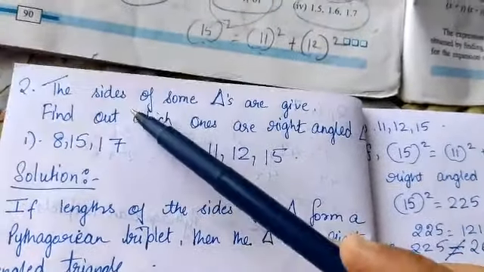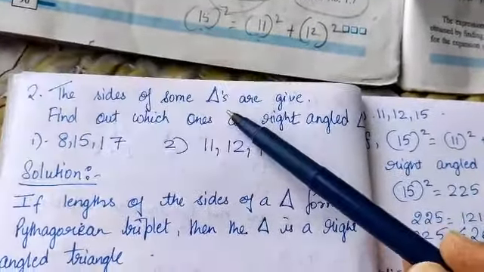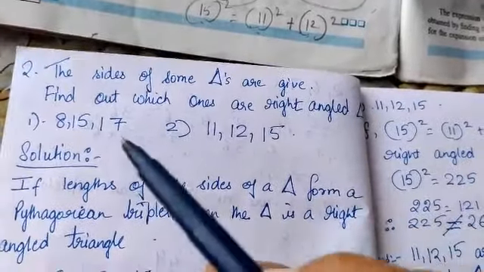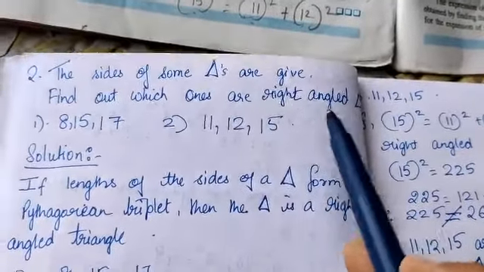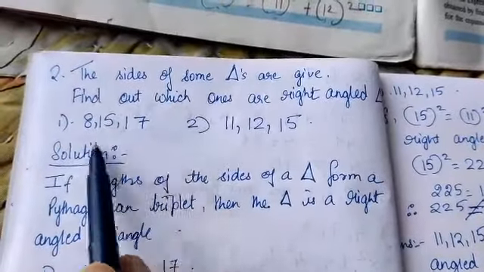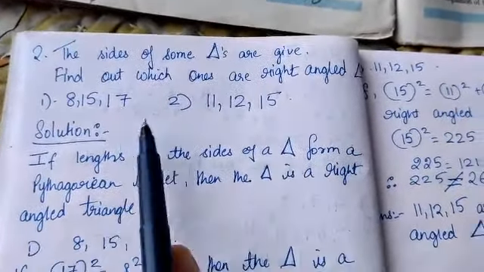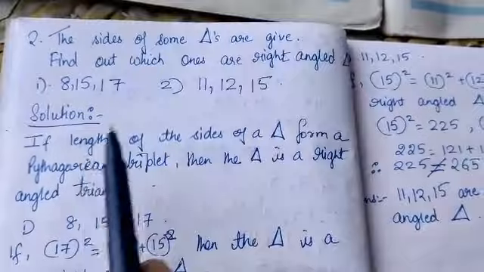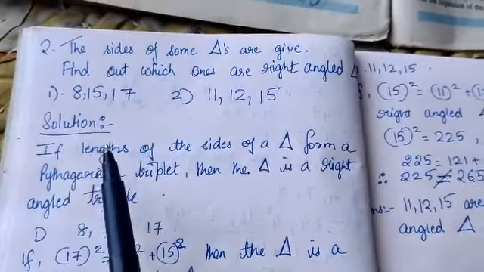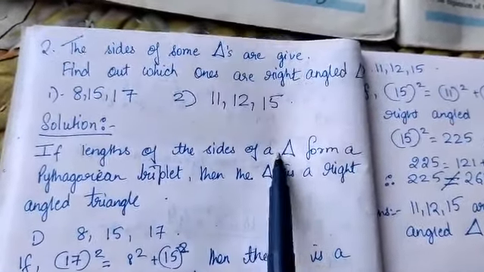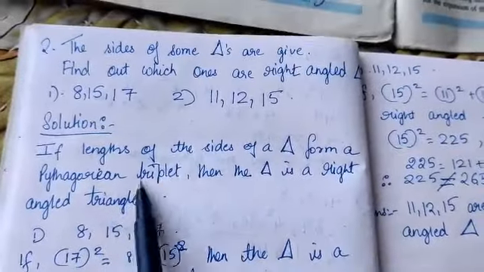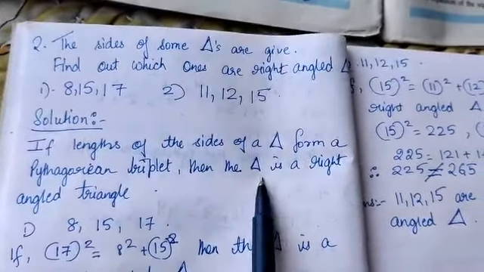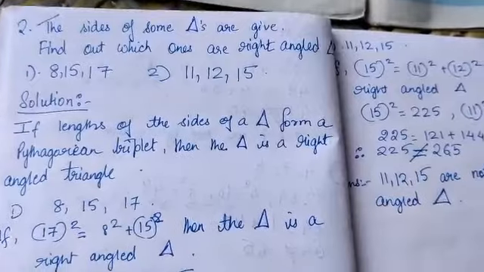Now the next one is: sides of some triangles are given. Find out which ones are right angle triangles. So we have 3 sides given. Now what is the relation? If the lengths of the sides of a triangle form a Pythagorean triplet, then the triangle is a right angled triangle.